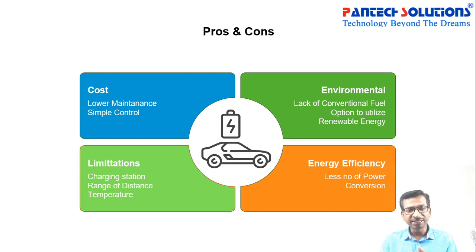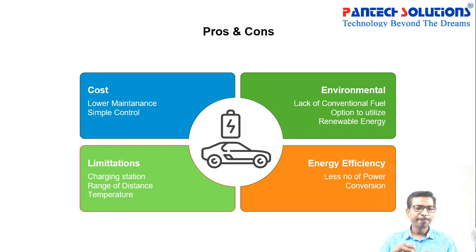And the range of distance: so far, people have tested about 450 kilometers per single charge, but it is not sufficient for EV applications, so we have to work to increase the range per charging cycle.